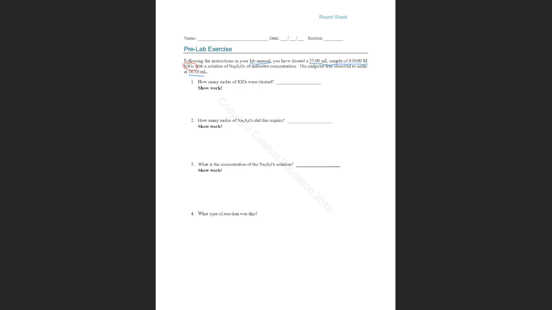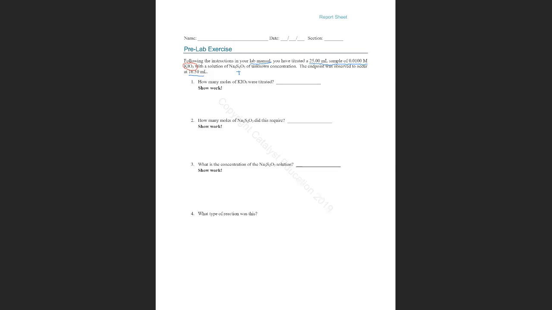So every time you have a question and you have a titration, you are nothing without the chemical equation. You need to have and write the chemical equation.